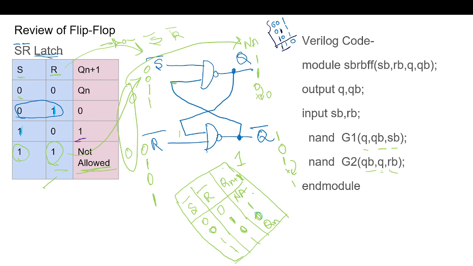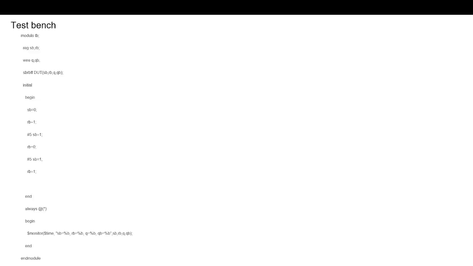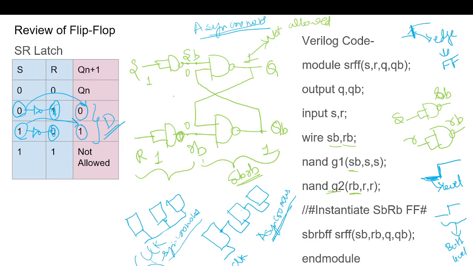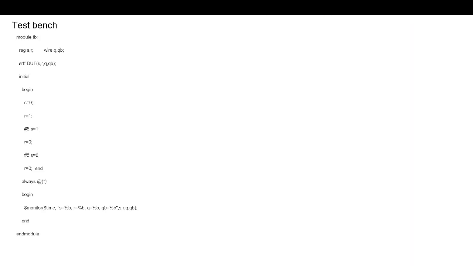If set is 0, I will have set to 1. And 1 will be the opposite, not allowed. 0 will be the previous state, 1 will be the previous state. In this, the complement alone will be the difference in the truth table also. Yeah, okay, ma'am.